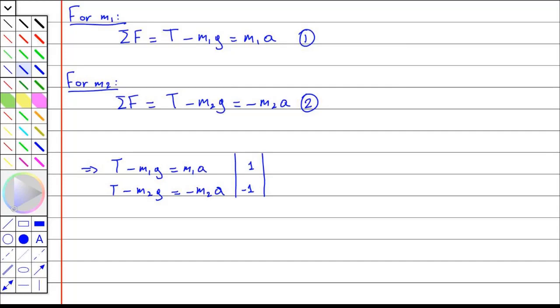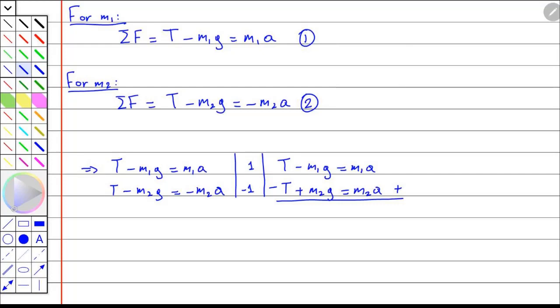So the first one remains the same, T minus M1G equals M1A, and the other one will become minus T plus M2G equals M2A. And then we add both of them up.